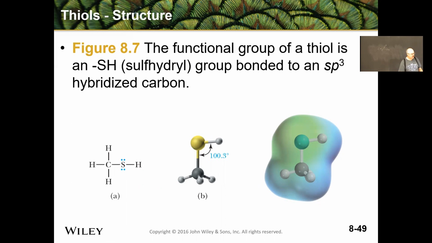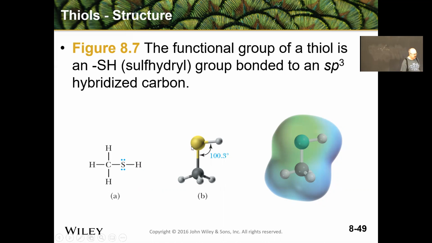All right, now we'll move on to thiols. The functional group of a thiol is an SH or sulfhydryl group bonded to an sp3 hybridized carbon. Sulfur is right below oxygen in the periodic table, and so like oxygen, it normally forms two bonds.